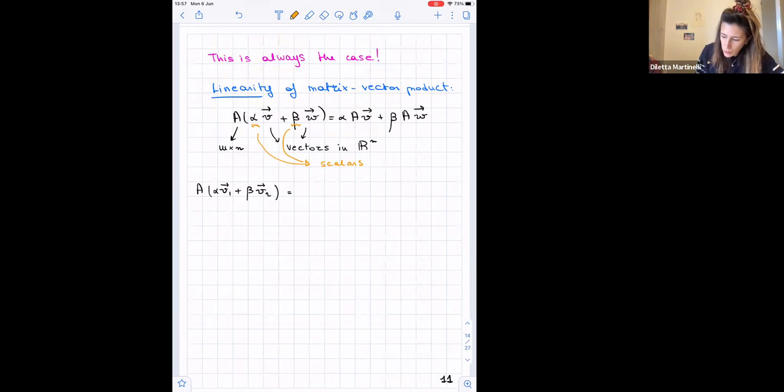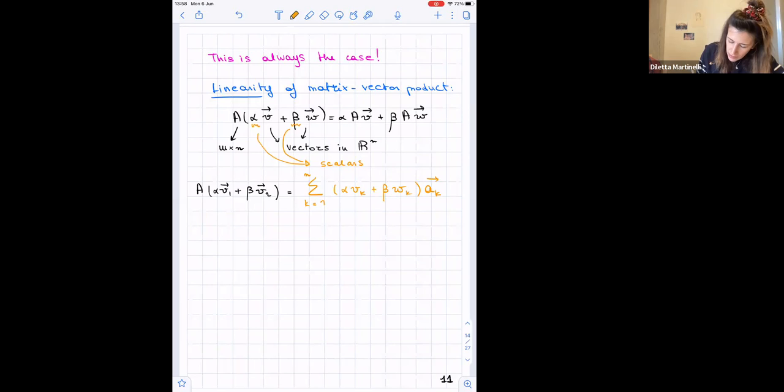In general, we said that this is a linear combination of the columns of A, where the coefficients are given by the entries of the vector. So we could write it in this way, where A_k are the columns of A. We go from 1 to n because we have n columns.